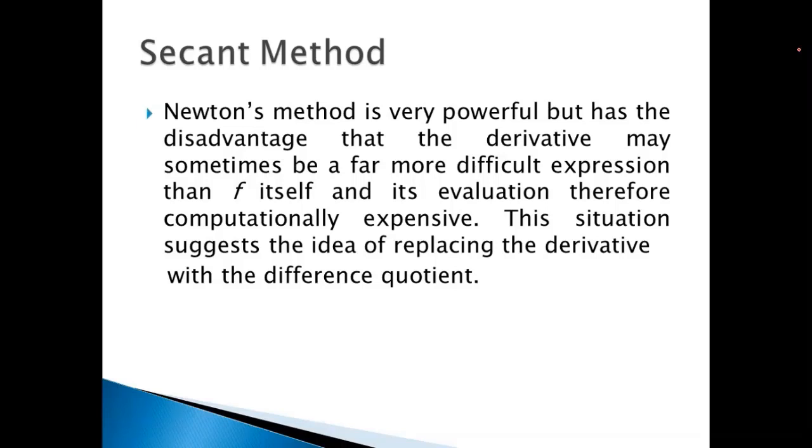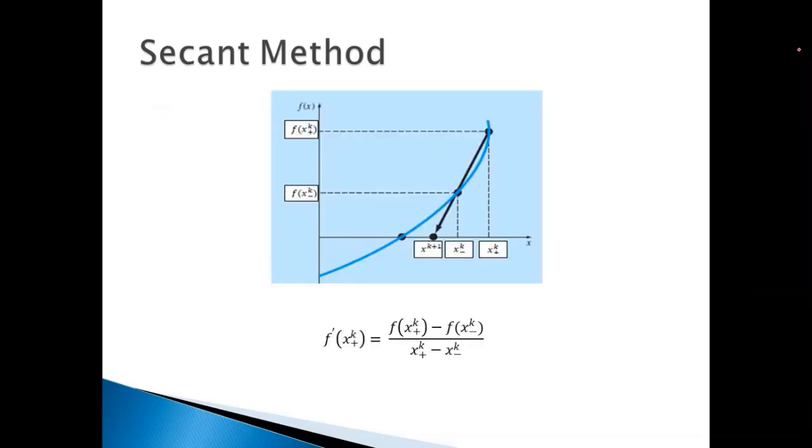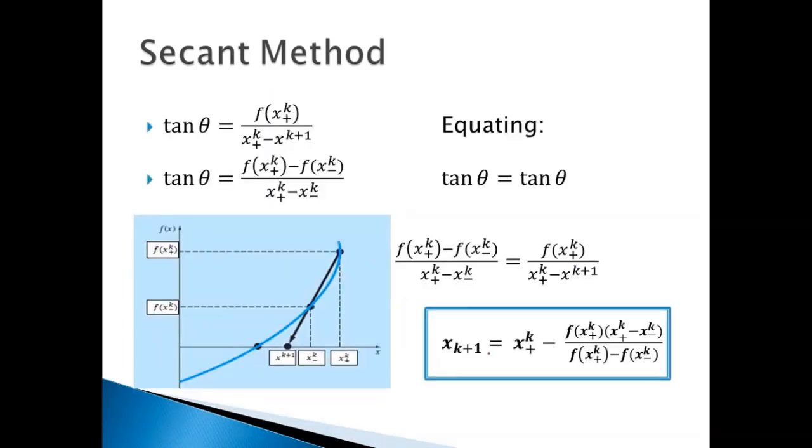So, basically, if we replace the f prime, or the first derivative, in Newton's formula with this one, the result is actually this. But there is another explanation that comes with the secant, and that is by similar triangles. Take the tangent of theta. If I get theta here, that would be this one.